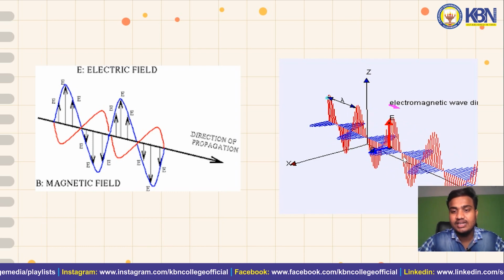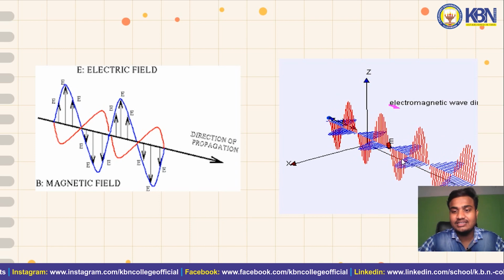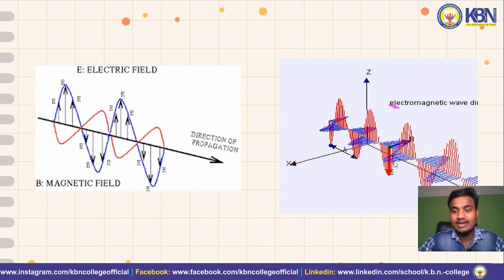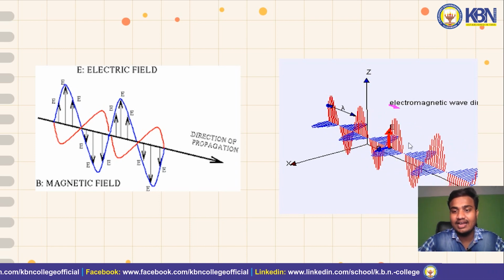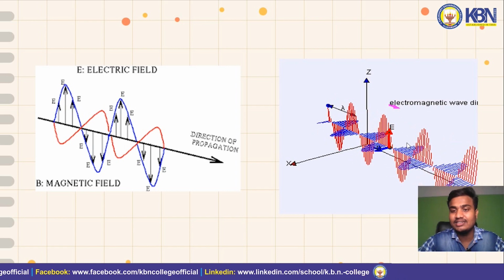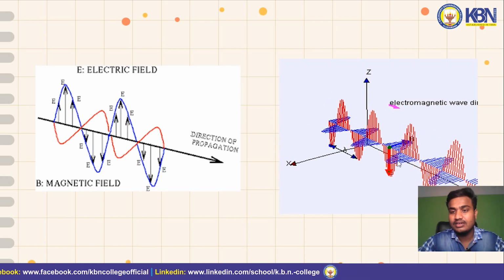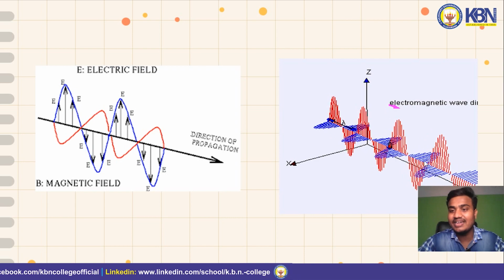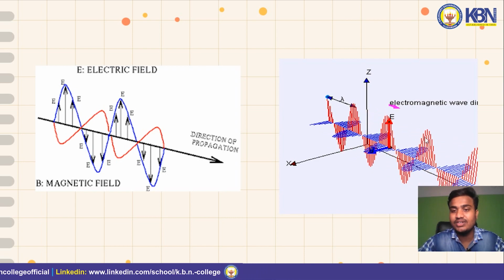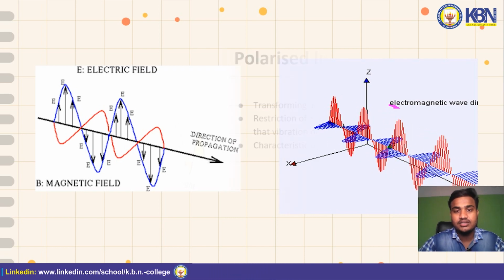You can see that on the x-axis magnetic field B is acting, and on the z-axis electric field E is acting, and the y-axis represents the direction of propagation. In this way they are perpendicular to each other.